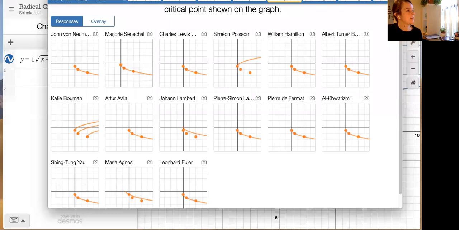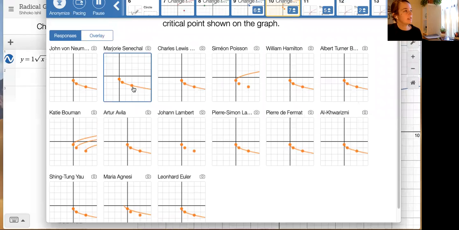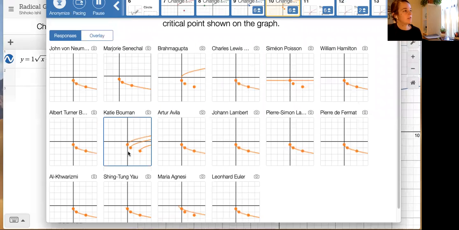So for slide 10, same idea here. You want one line that goes through the 3 rather than 3 that go through here.